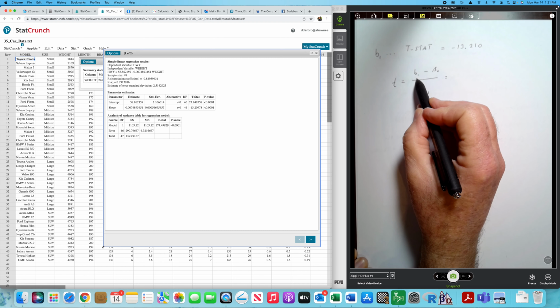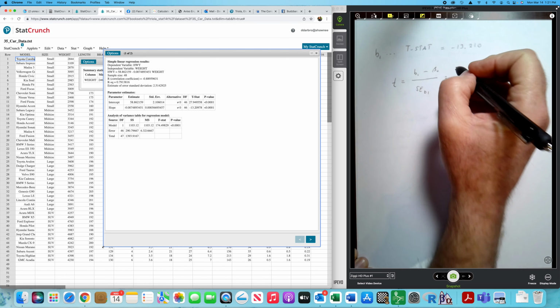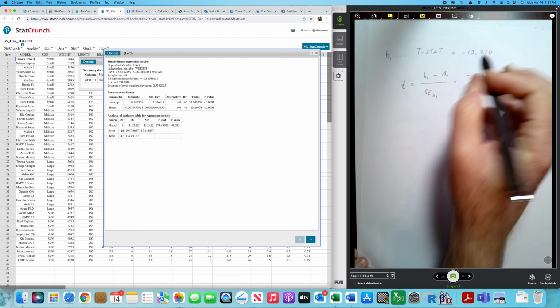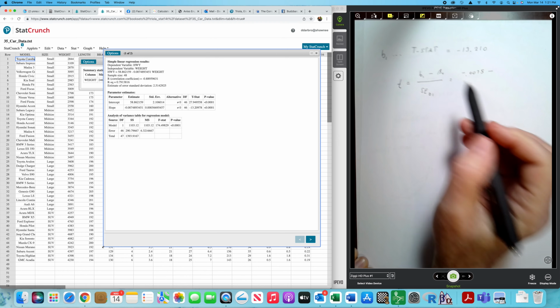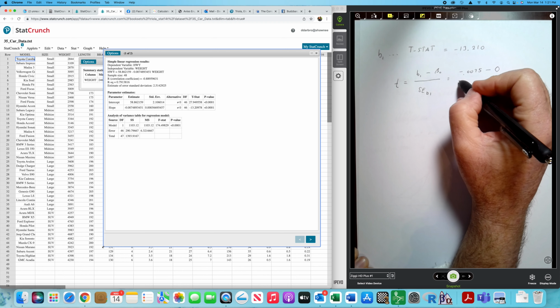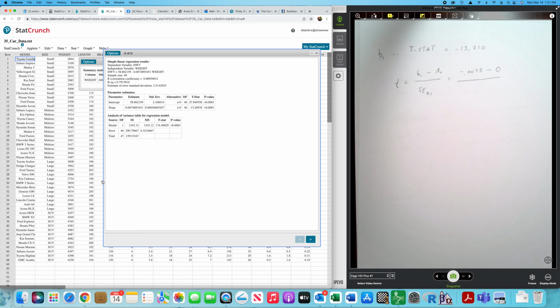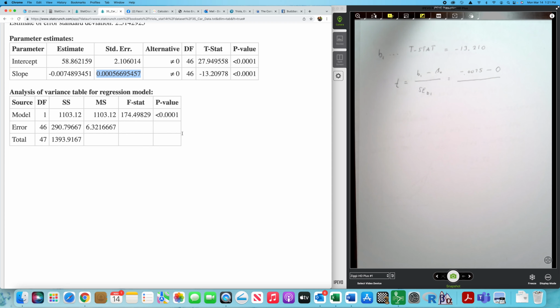So my estimate for b1 is negative 0.0075. I'm hypothesizing the beta is equal to 0. And the standard error is right there, 0.000567.